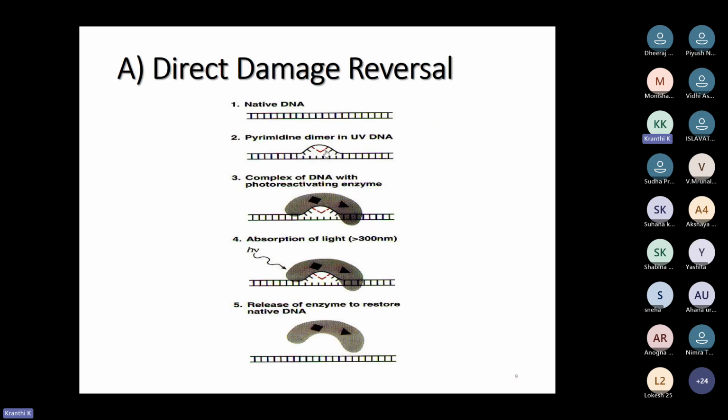Here the dimers formed. This is the photoreactivating enzyme, photolyase. This photolyase is excising those dimers, removing and then repairing. Then release of the enzyme restores the native DNA. So this is called the photoreactivation process.